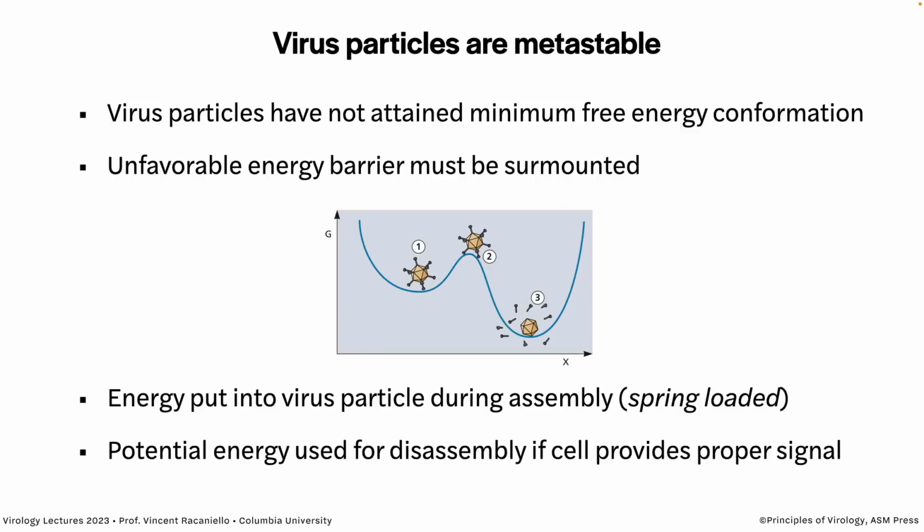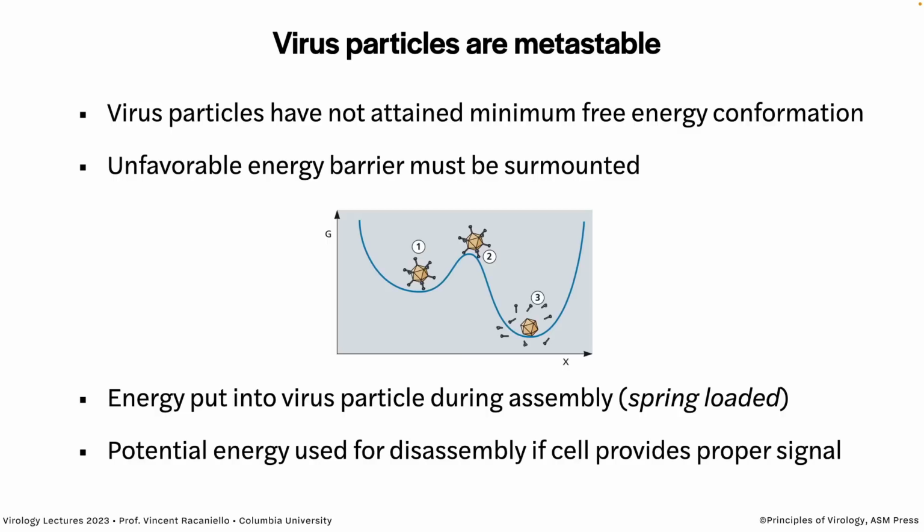And in order to get to this minimum free energy conformation, which is shown on this graph here, we have free energy G on the y-axis with different times in virus entry into cells. And we have to achieve this point here towards the lower right where the virus particle comes apart. That's the minimum free energy conformation.